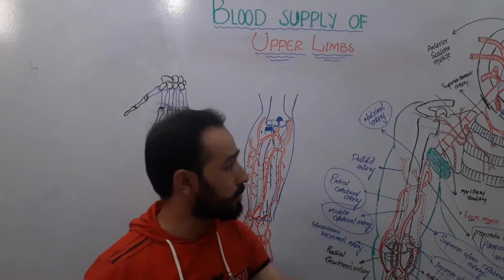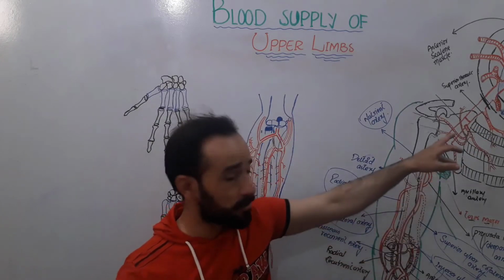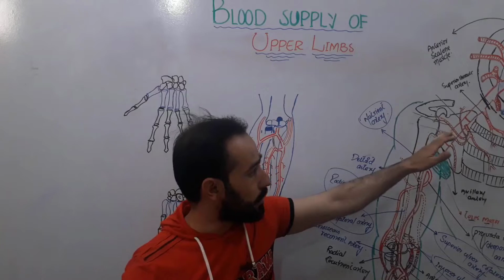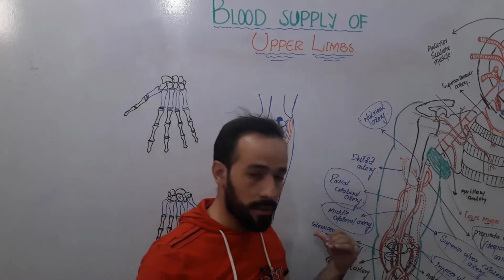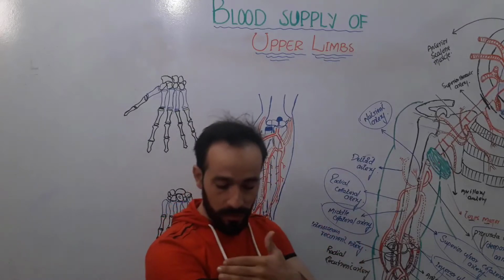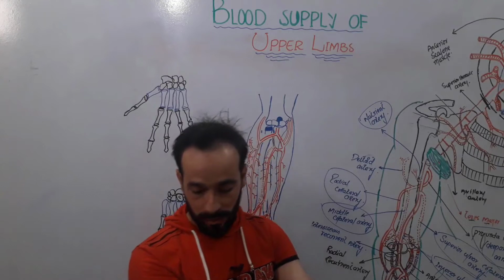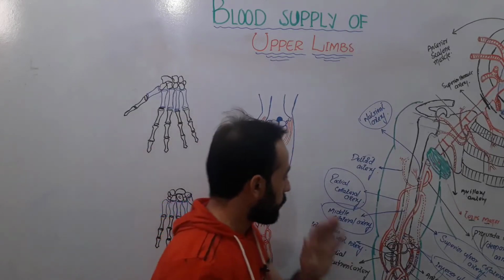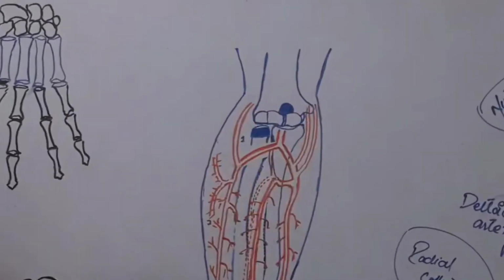If you haven't watched the lectures regarding the blood supply of the upper limb from the origin point, then go and watch those lectures so that you can connect them with this lecture. You will easily find all those arteries which are responsible for supplying blood to the upper limb, right? So let's discuss our lecture regarding the blood supply of the forearm.